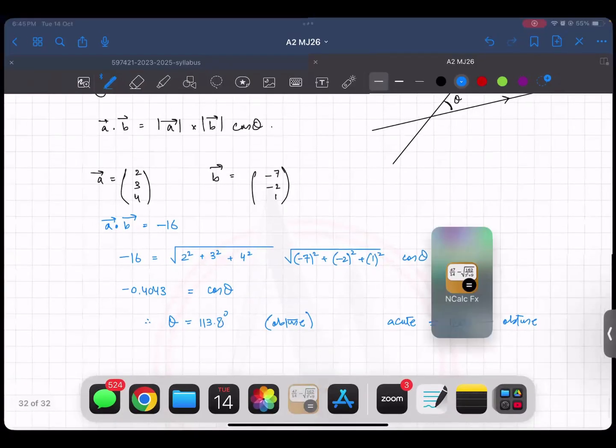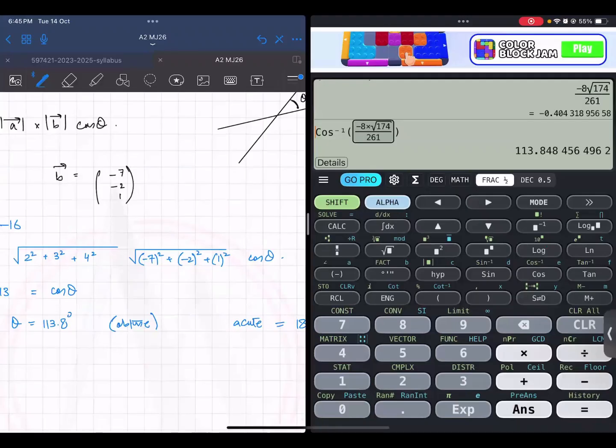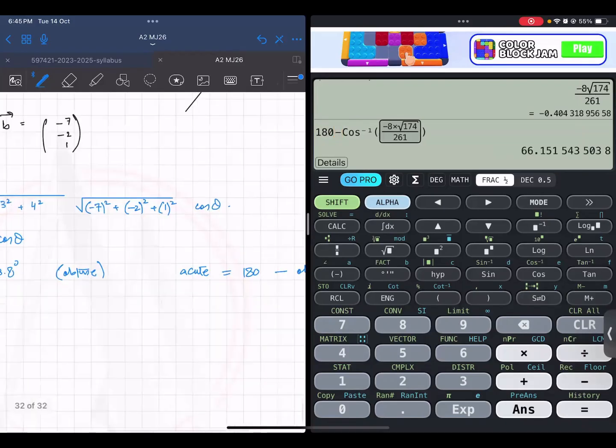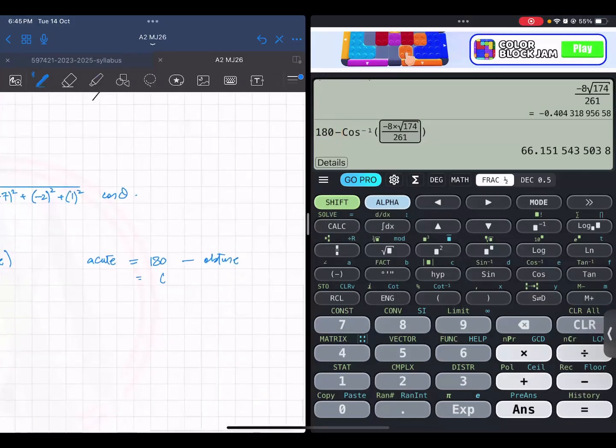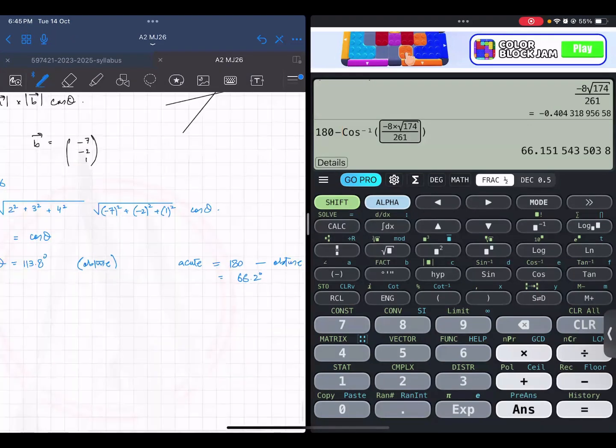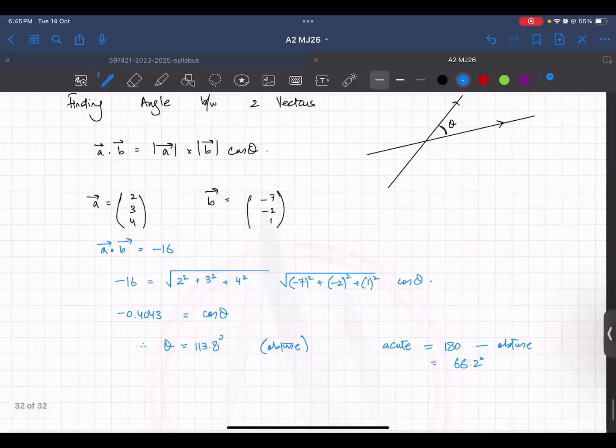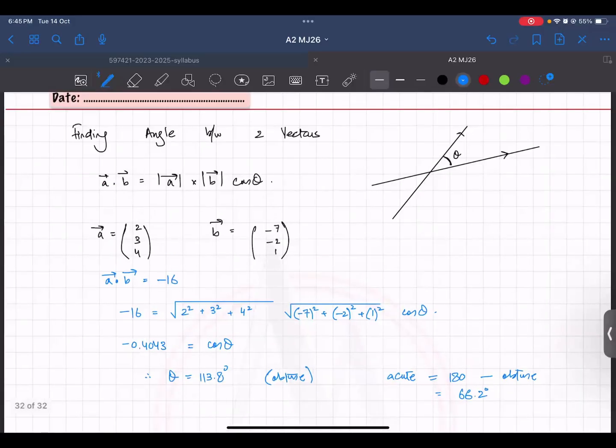So this is 66.2. This is the answer. Sometimes they would ask you to find the acute angle between the two vectors. So if your answer is coming out as obtuse, you just subtract it from 180. This is how you find the angle between two vectors. Copy this down. If you have any questions, ask. You have to learn this formula.